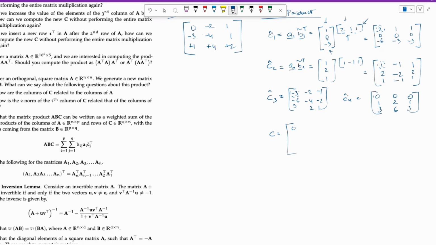0 minus 2, 0. 2 minus 1. 0, 2 minus 4 minus 3. 0 minus 2 minus 6 minus 4. 0, 2, 0, 1.